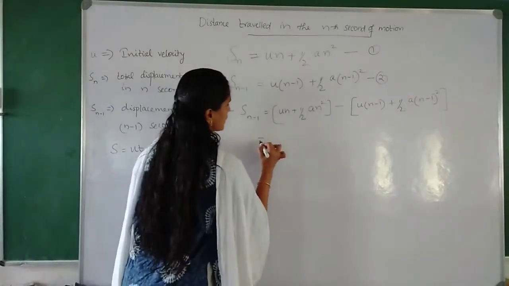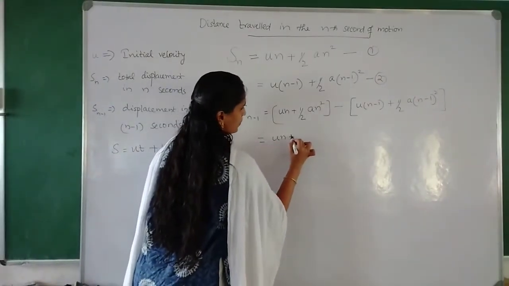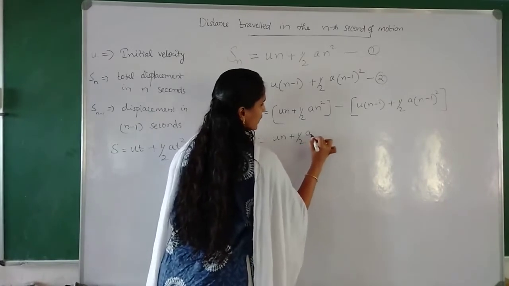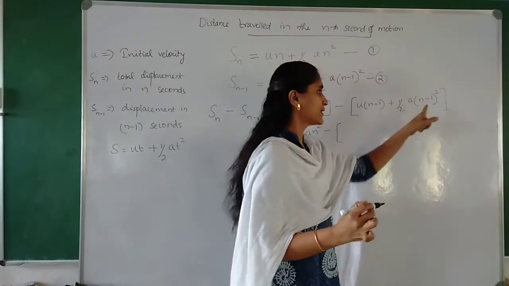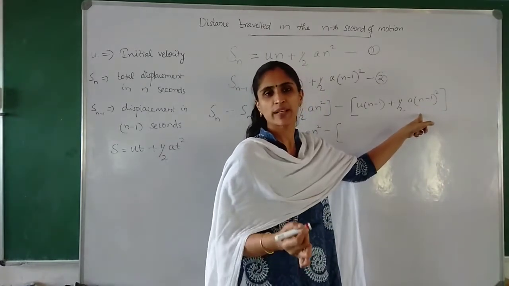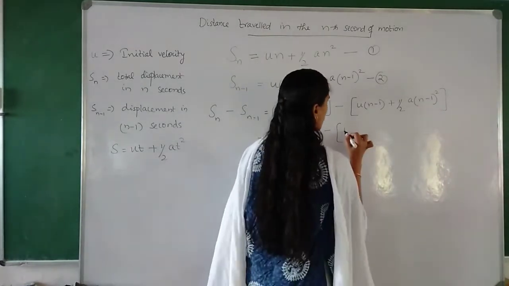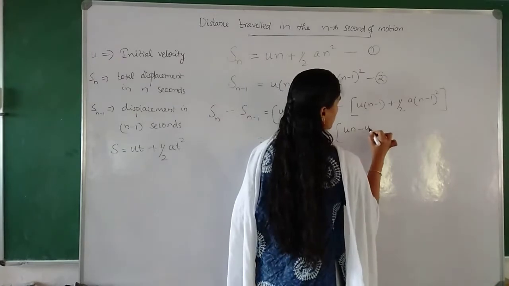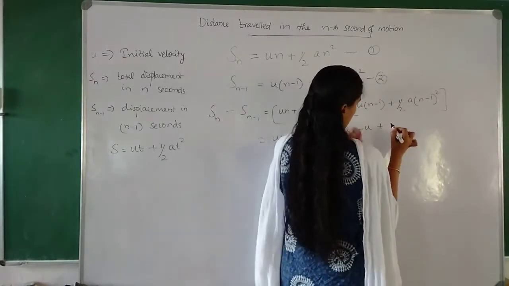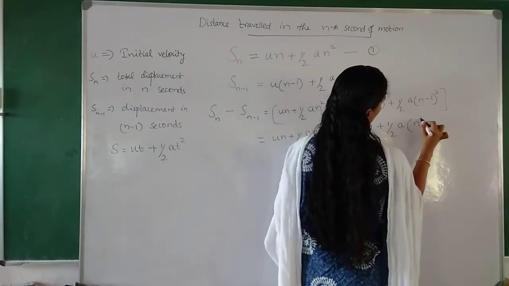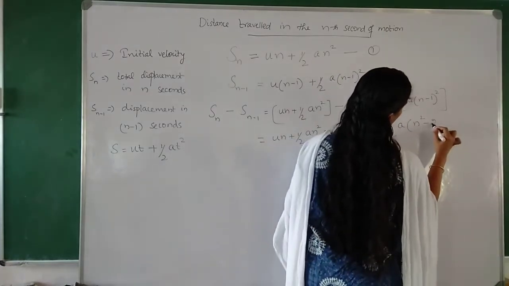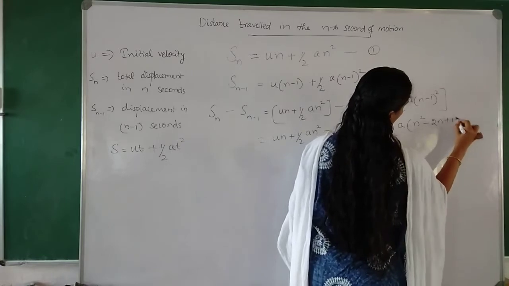First of all, we can remove the brackets and expand n minus 1 whole square. We get un plus half a n square minus un minus u plus half a into n square minus 2n plus 1.